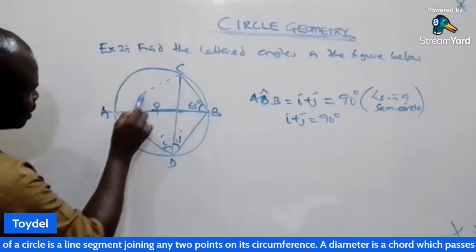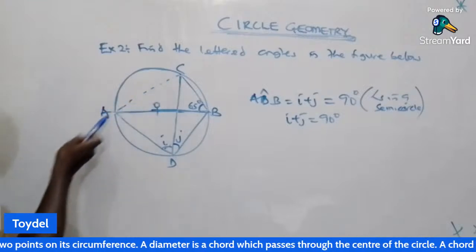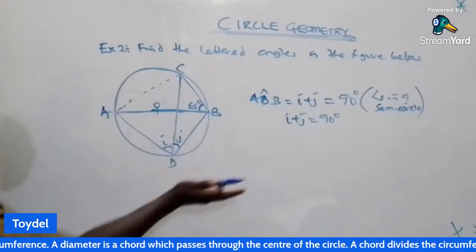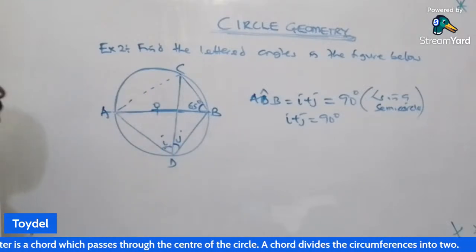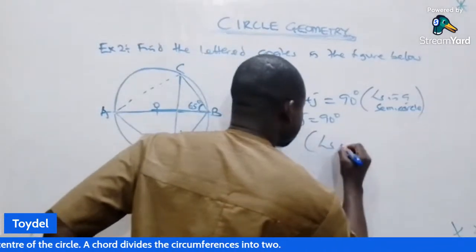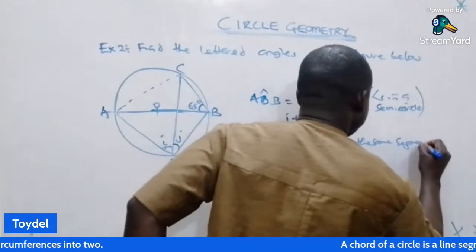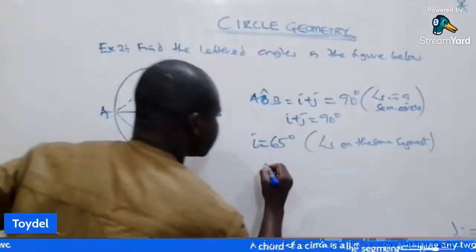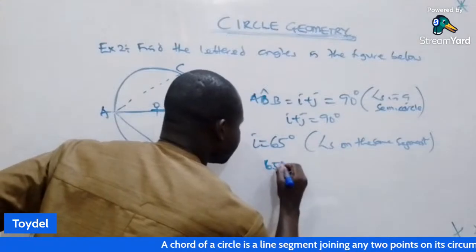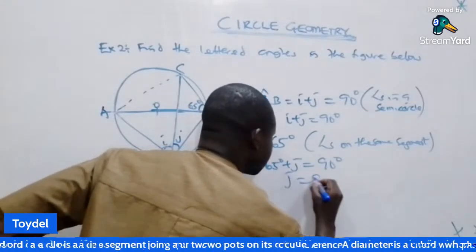If I trace this out, this is a chord, so they are on the same segment. So I'll say I is equal to 65 degrees. Reason: angles in the same segment. Then 65 plus J is equal to 90 degrees. So J is equal to 90 degrees minus 65. So J is equal to 25 degrees.